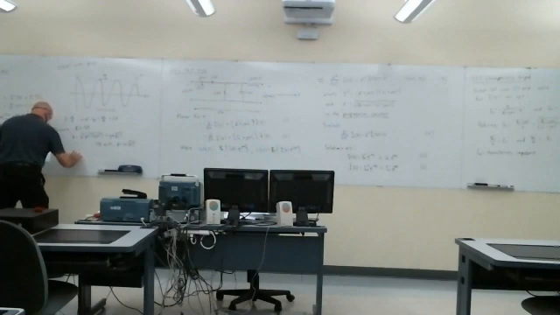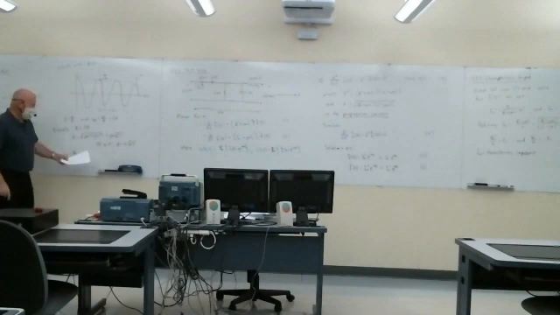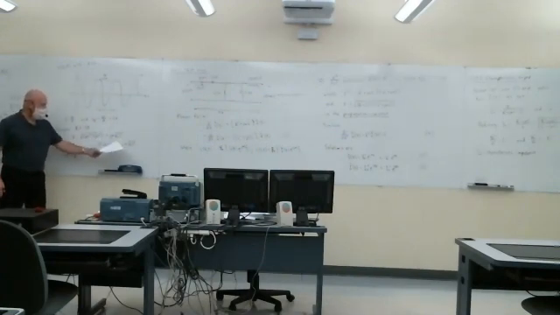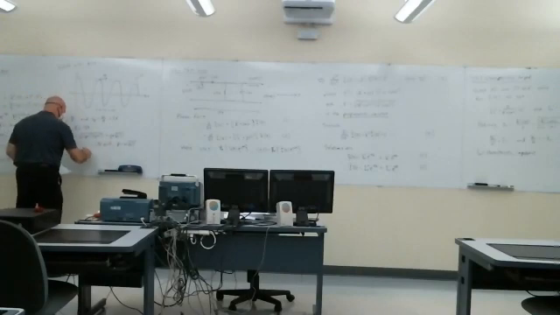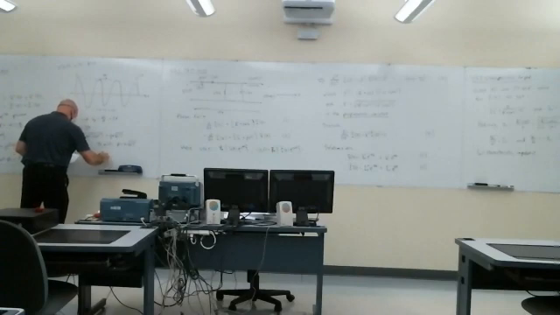The propagation speed in this RG59 is ω over β. Okay, so the omegas here actually cancel out. It's 1 over the square root of L'C'. That turns out to be pretty close to 2 times 10^8 meters per second.